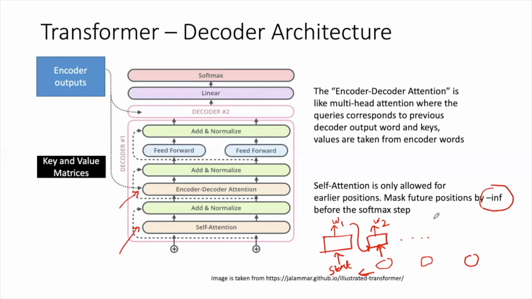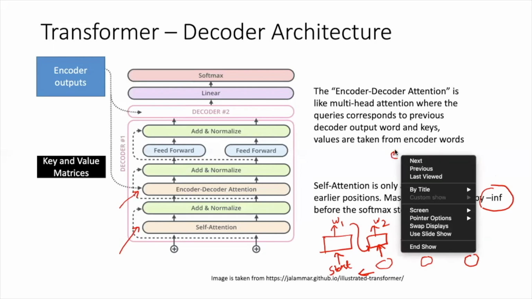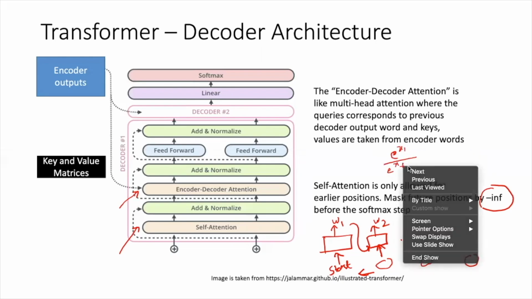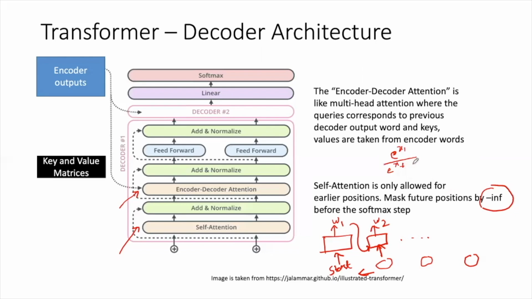Since we assign -infinity, in the process of softmax, the scores associated with all the future words turn out to be 0, because in a softmax, we compute e power x1 divided by e power x1 plus e power x2 and so on.